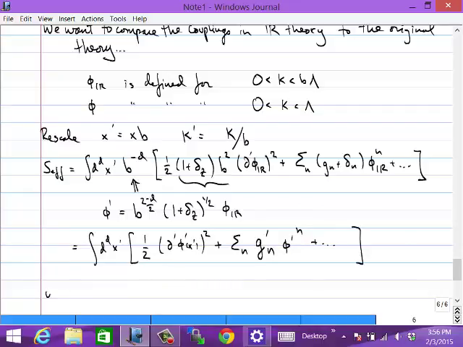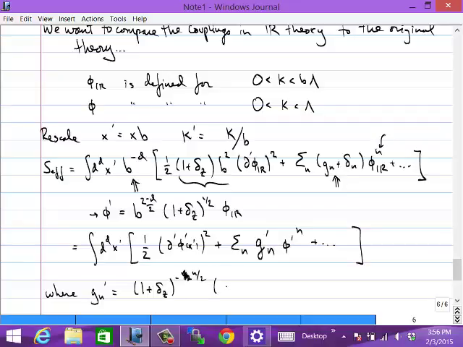So here, for Gn prime is equal to, let me just make sure that I get this right. It's just equal to this term up here, but we need to include our definition of phi prime and the various powers of B. So you get a 1 plus delta z to the minus n over 2, because we have a phi to the n right there.